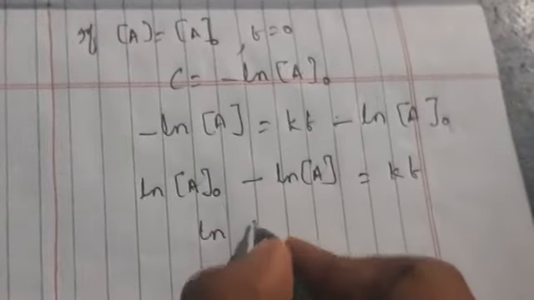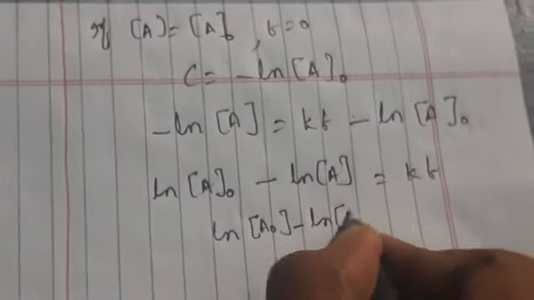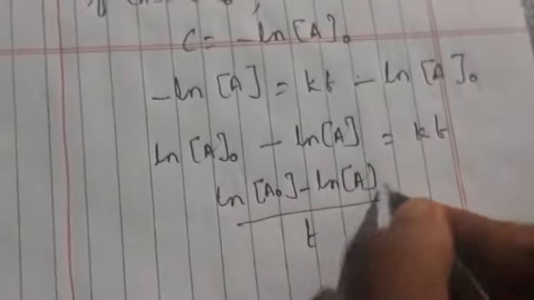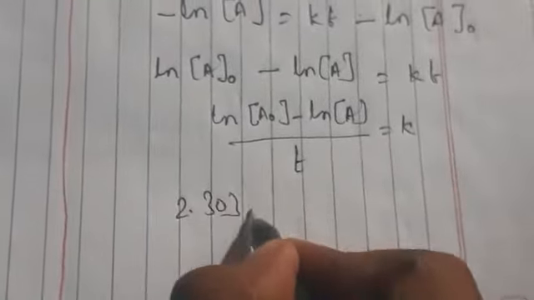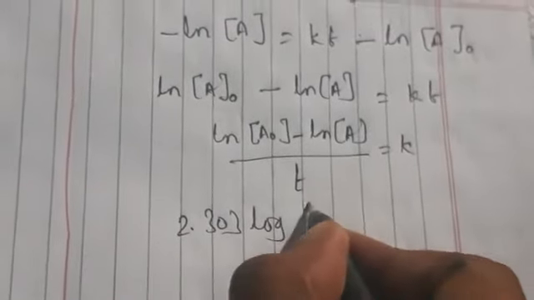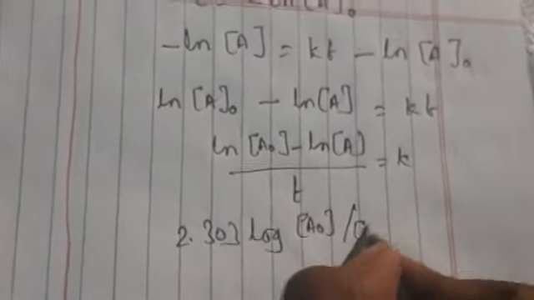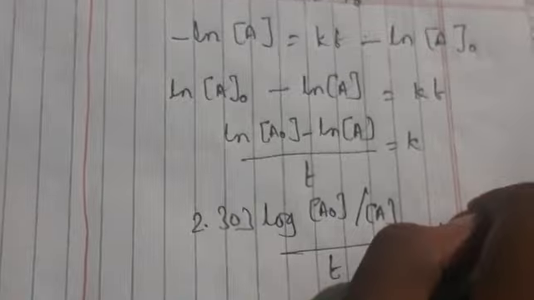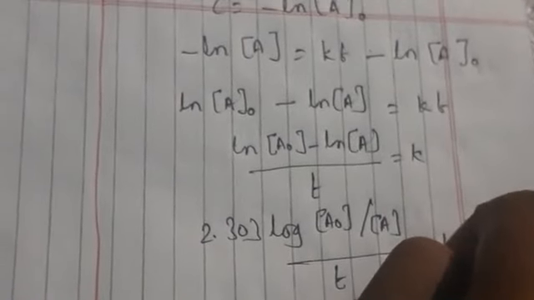So ln[A] naught minus ln[A], divided by T, is equal to K. ln can be written as 2.303 log, so K is equal to 2.303 by T times log of [A] naught by [A]. So this is the general form without considering initial concentrations.